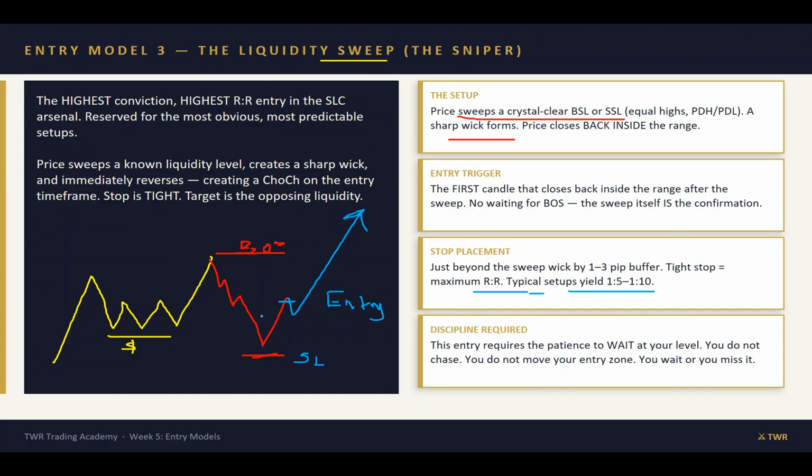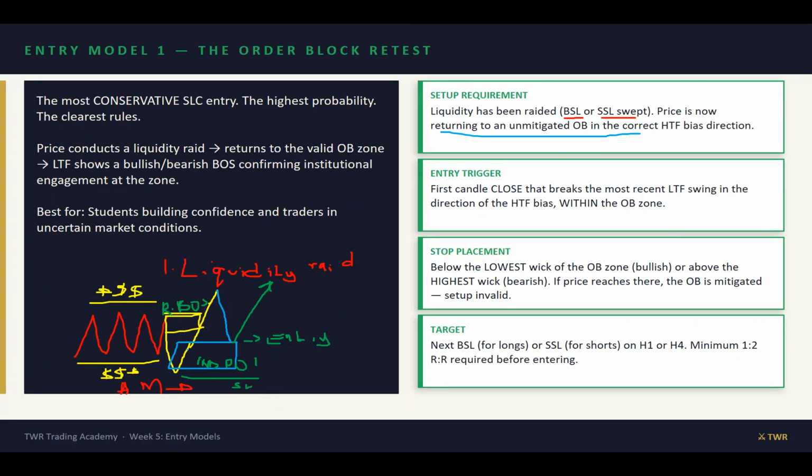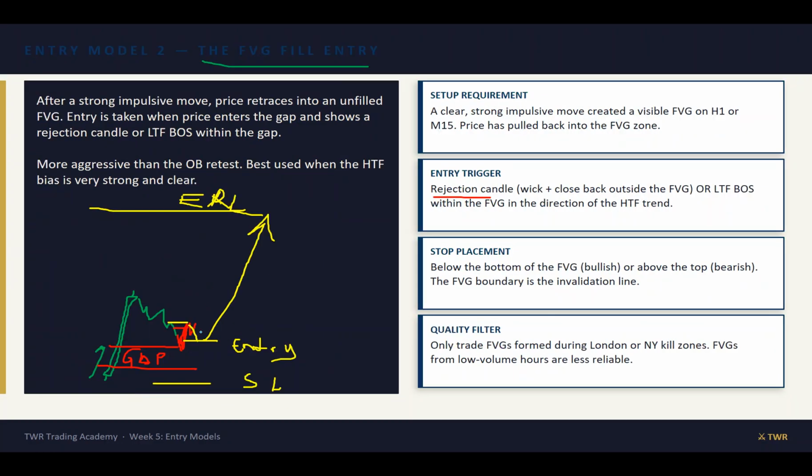Liquidity sweep, rejection immediately. Remember in entry model 1, it was also almost the same as that, but we waited for a break of structure, okay? Sweep, break of structure, pull back, then you go with it. The next one, you wait for a gap to be filled, then rejection candle, entry, targeting that.